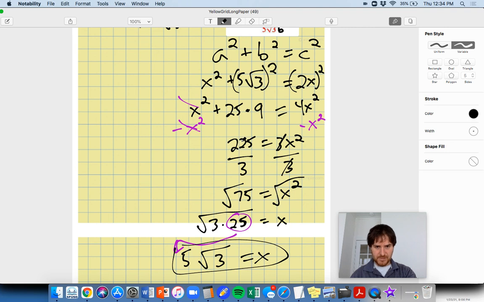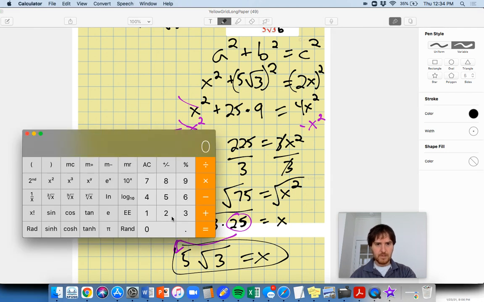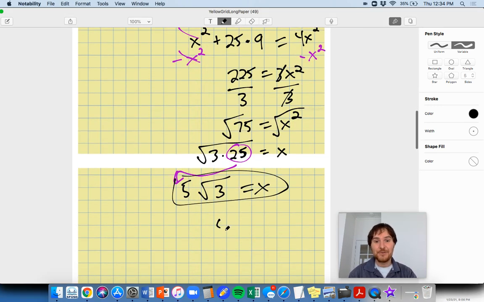And then divide both sides by 3, 225 divided by 3. All right. Message me if you see what I did wrong here, because the answer to this legitimately in the textbook is 5. Okay, x equals 5.